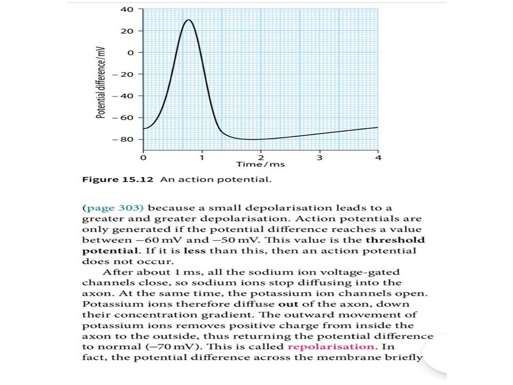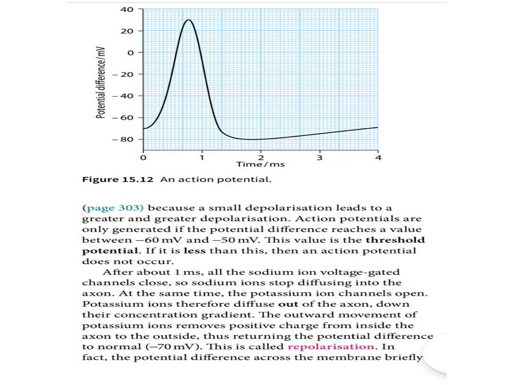So if I can try to show you what I was talking about in a graph, you can see that initially it was at minus 70, then a wave of depolarization brings the action potential to a plus 30 value, which then comes down again to the minus 70 value, but it then goes further down into the minus 80 region, also called hyperpolarization, as the potassium gates do not close as quickly as the sodium gates do.